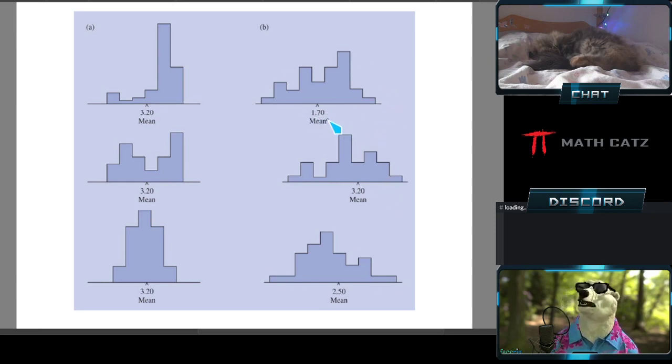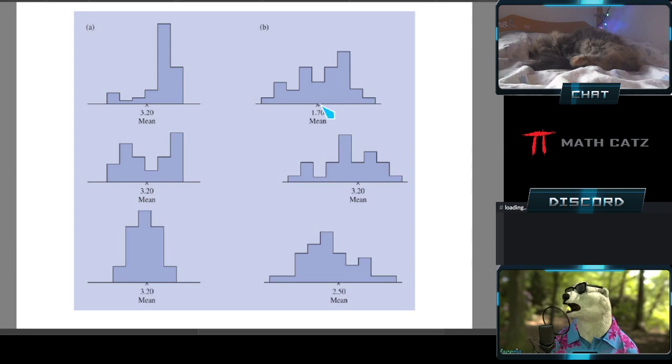In this first one, it sits around 1.7, which is very different from a distribution that sits around 3.2 or 2.5, depending on whatever scores we are working with here. So the mean tells me the position, or the center.